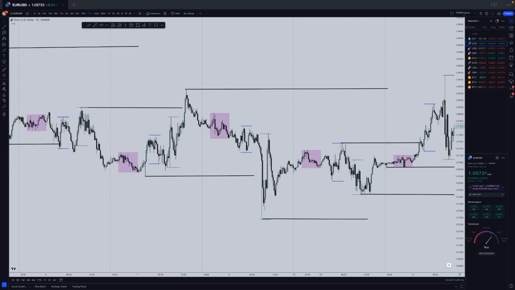It's not that hard. So for session, this is the Asian session high, Asian session low, right here. This is the lowest low of Asia. Then we have London high right here. Then we have London low right here.